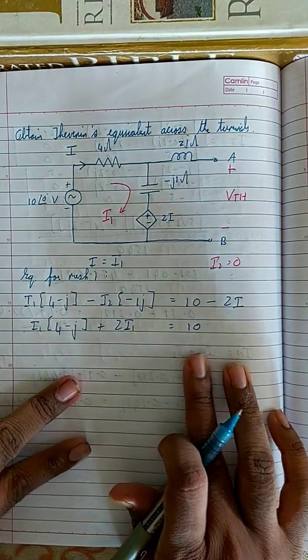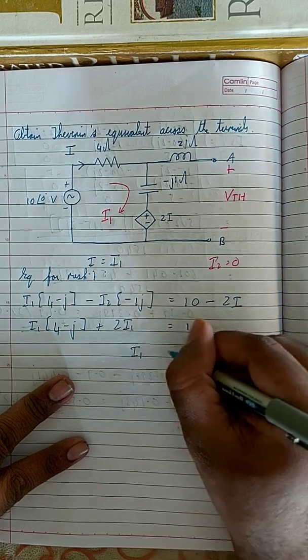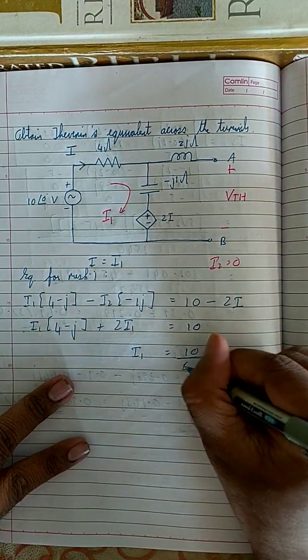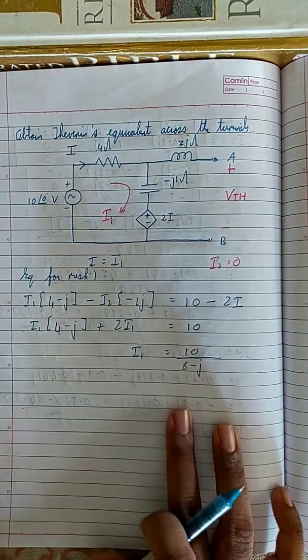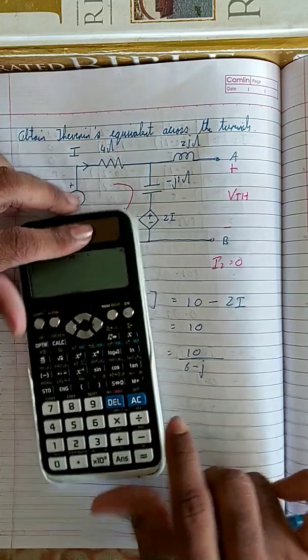There you have it. So I1 is equal to 10 divided by 6 minus j. Let's see what's the value?